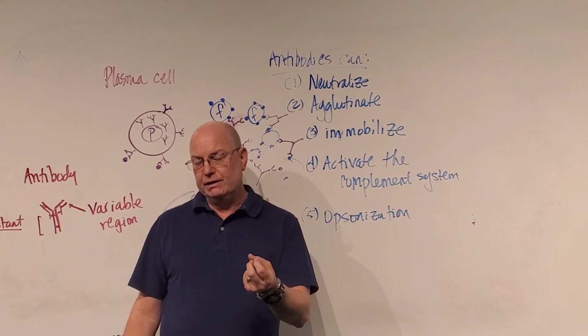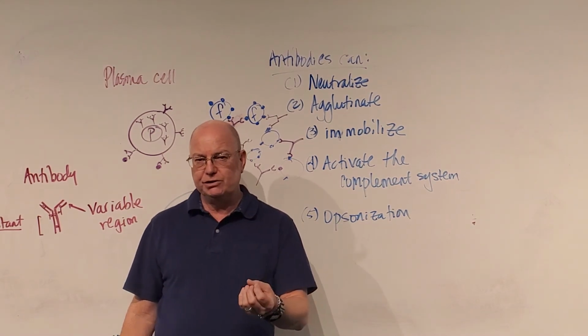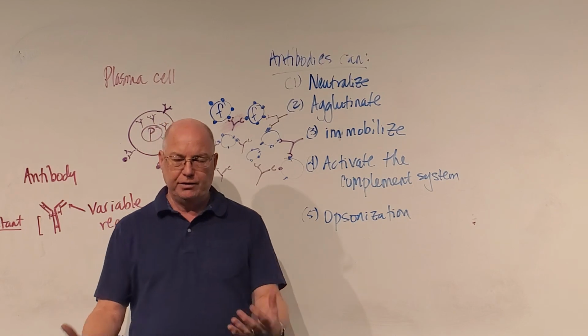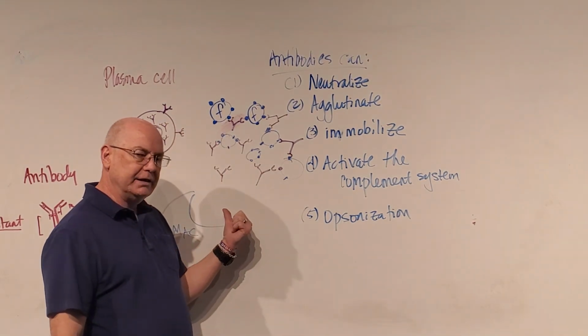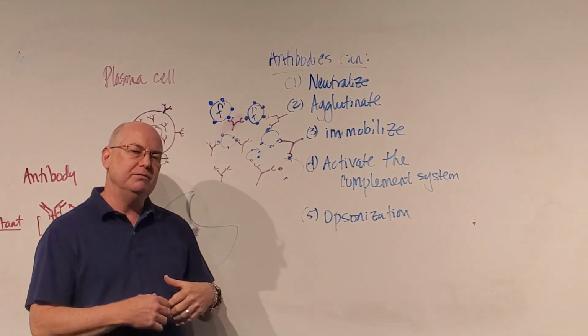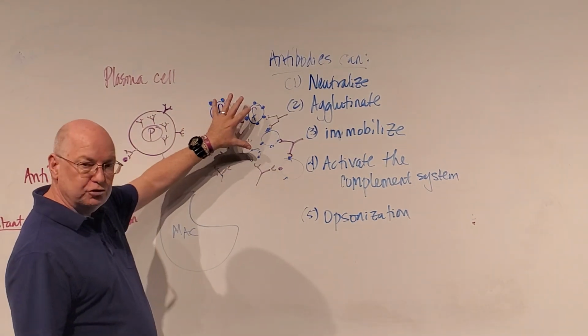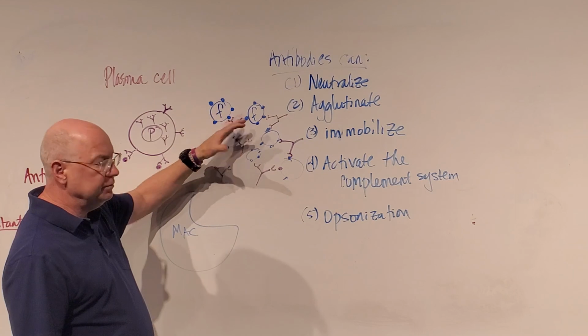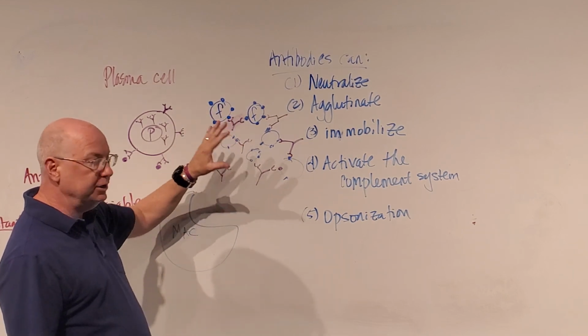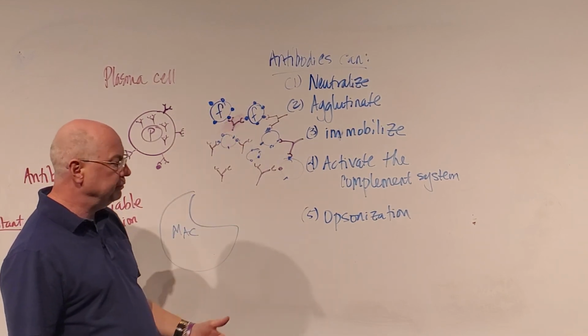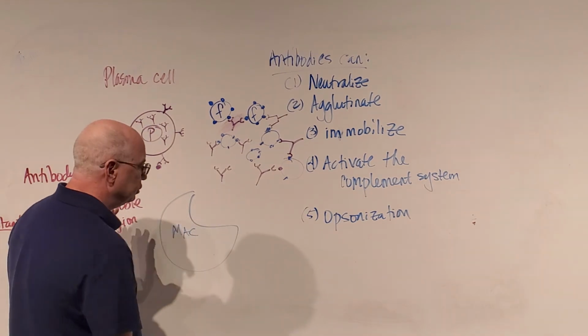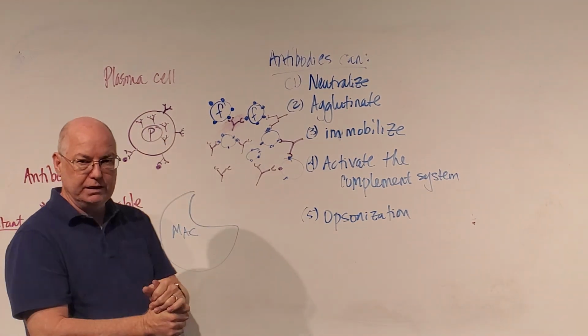It can activate cytotoxic T cells or T killer cells, which will bind to this foreign invader and kill them. And it can activate B cells, which will begin to make antibodies. The antibodies will bind to the foreign cells, either neutralize them or agglutinate them or immobilize them or some combination thereof, activate our complement system, and opsonize them so that other white blood cells will recognize them.